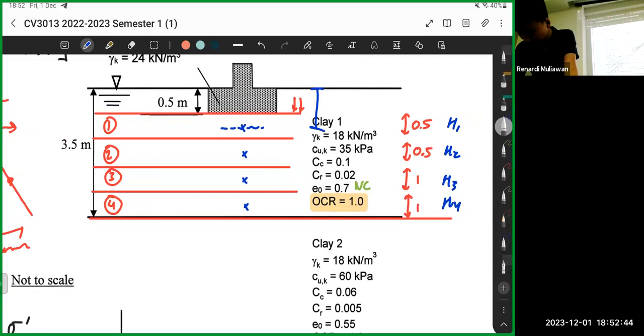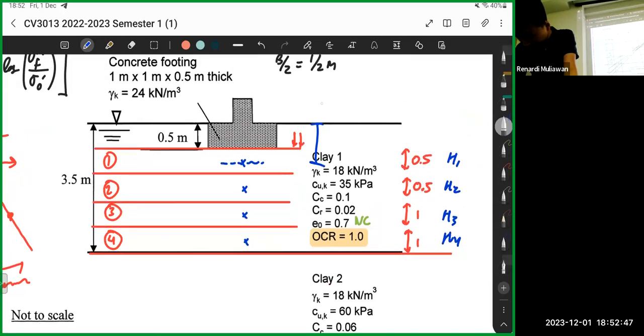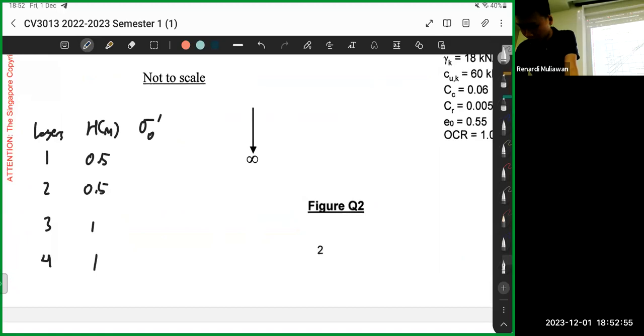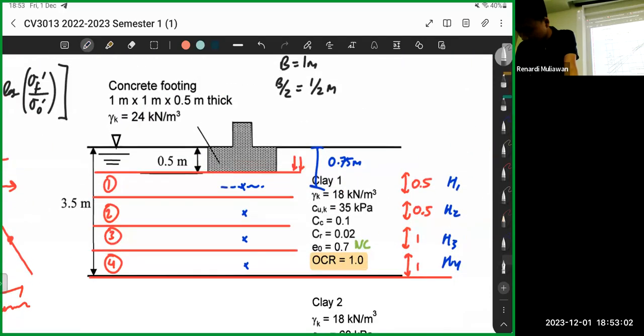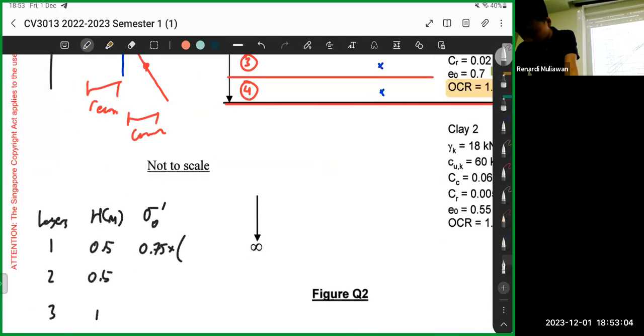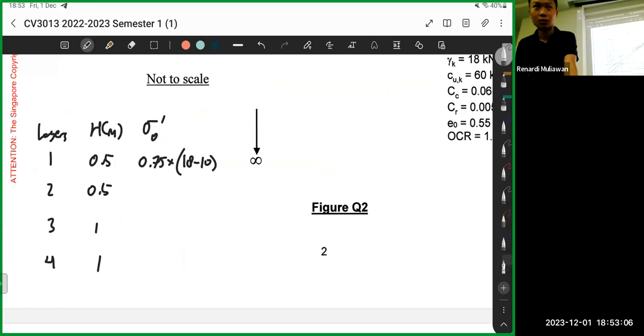So you take this depth, right? So this one is 0.5, you add 0.25. So 0.75 meters, right? So 0.75 meters multiplied by the buoyant effective weight. In this case it is 18 minus 10. Yeah. Okay, then you get something like 6. Okay, then you do it for the rest.